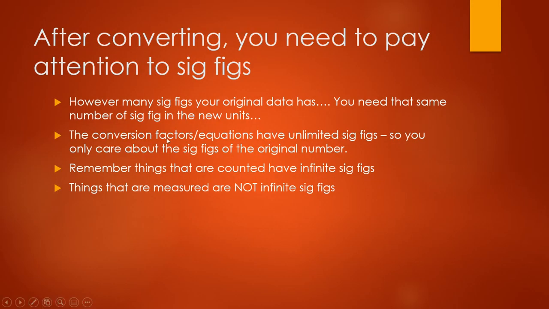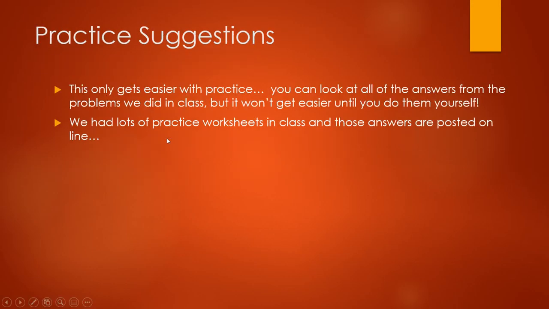So to kind of wrap up, I've got some practice suggestions. Really, this only gets easier with practice. You can look at all the answers and all the solutions from all the problems we did in class. They're all posted online. Everything you did on homework, I've posted my answer keys, but it really doesn't get any easier until you do them yourself. And I suggest you take a look at your Chapter 2, Part 2 test and see what you maybe did mistakenly there.